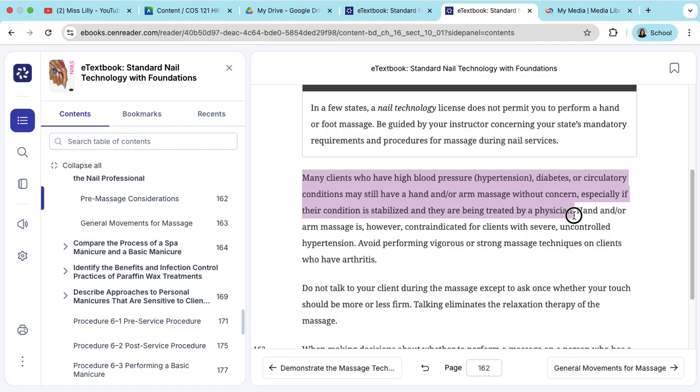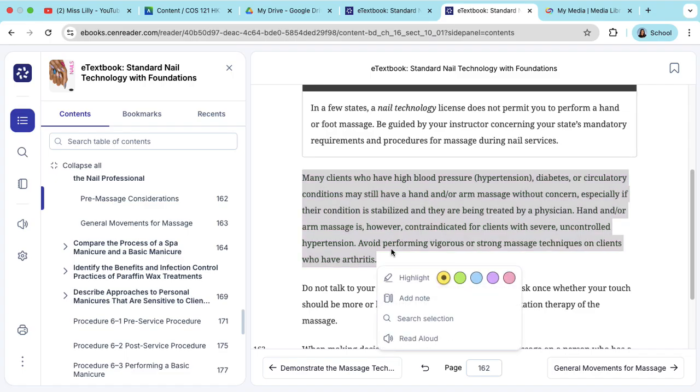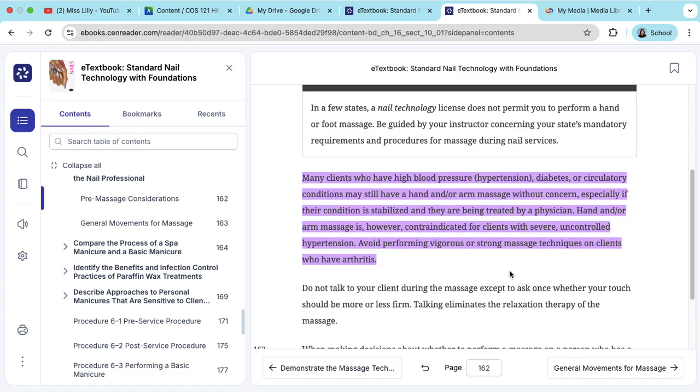But if we haven't asked and it's not written down, we won't know. Hand and or arm massage is, however, contraindicated for clients with severe uncontrolled hypertension. Avoid performing vigorous or strong massage techniques on clients that have arthritis.